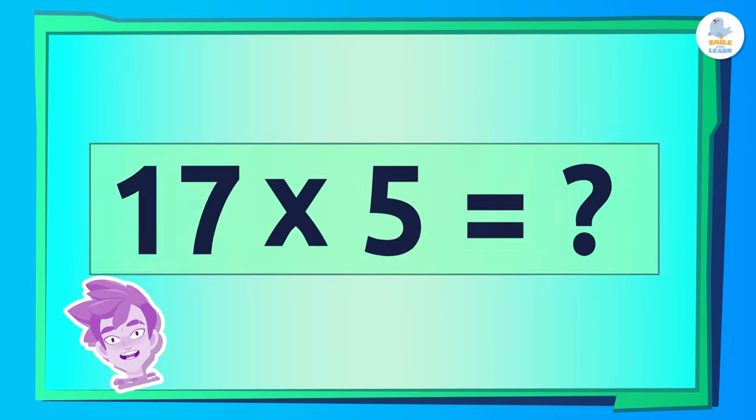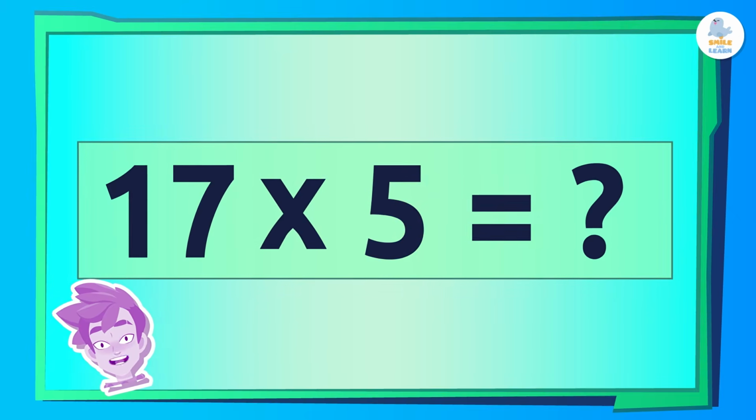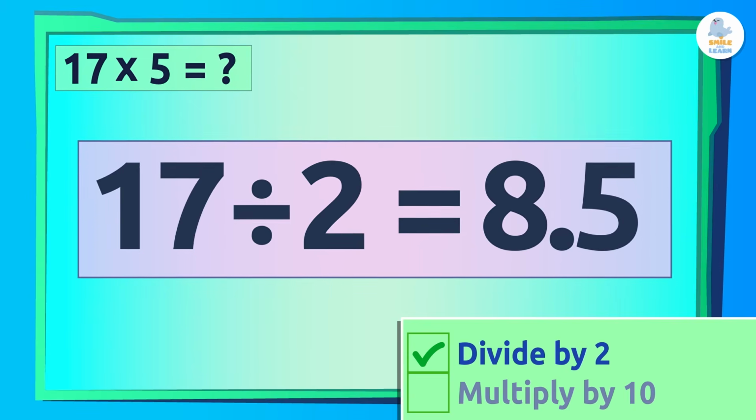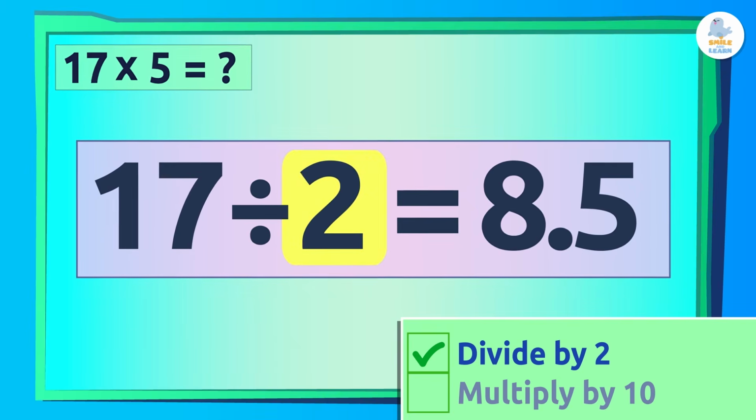So we have to multiply 17 times 5. Let's get into it. We start by dividing our number by 2 like before. Since 17 is odd, we get a decimal number. 17 divided by 2 equals 8.5.